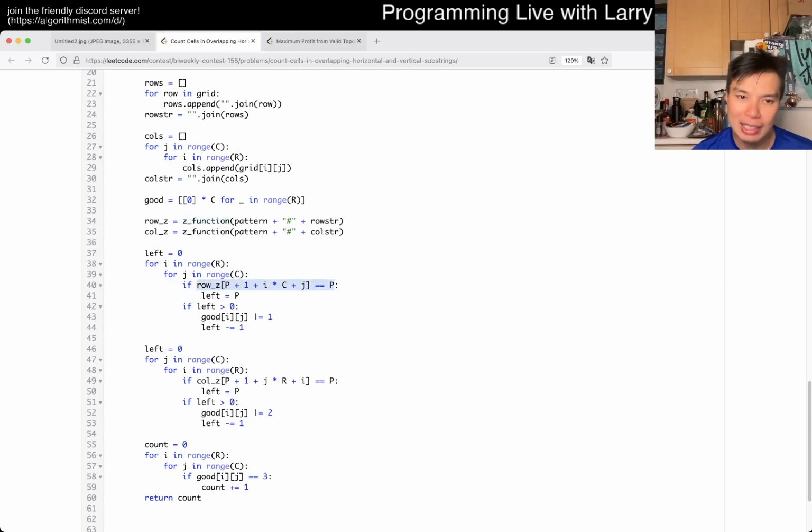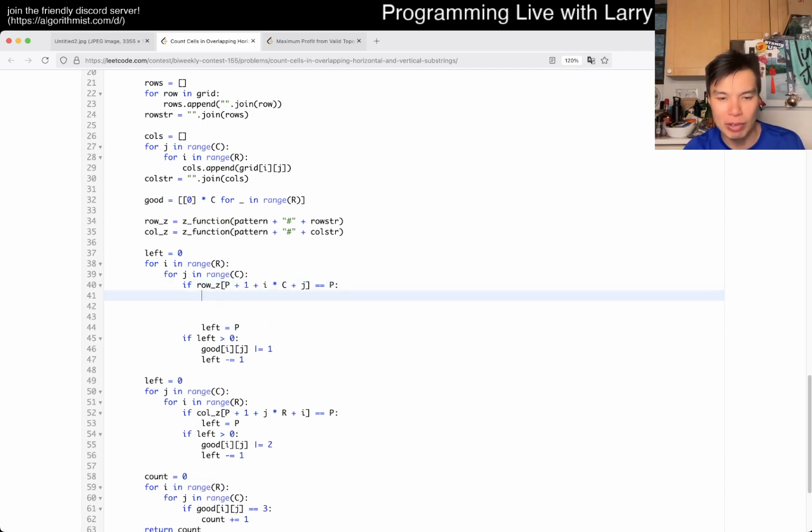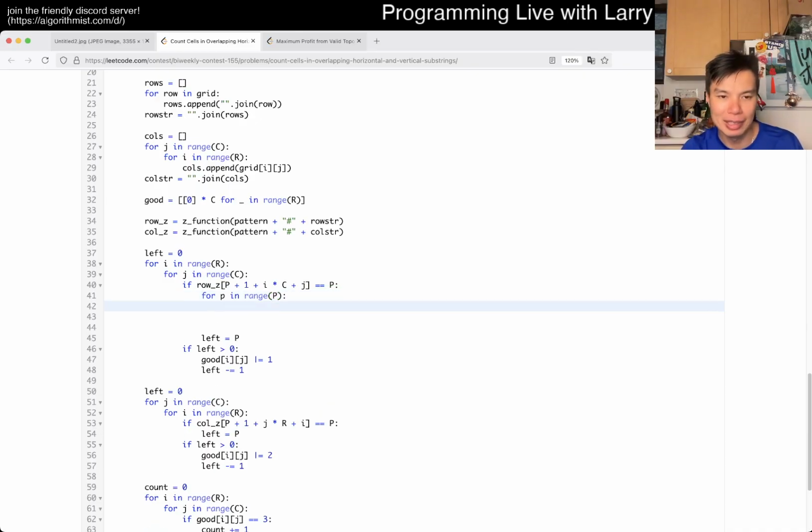Once you do that, in theory, what I wanted to do was mark the next P items, so I might write something like for p in range of P, good of ij plus p equals 1. I know you have to wrap around, but I'm writing it roughly.